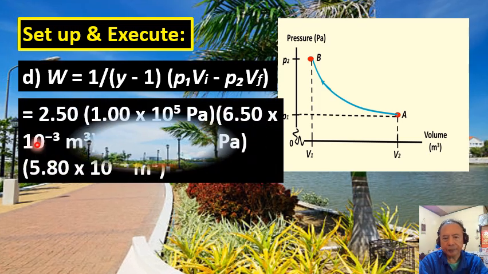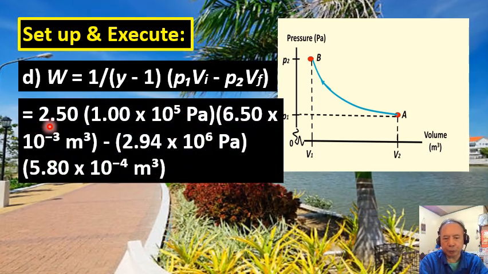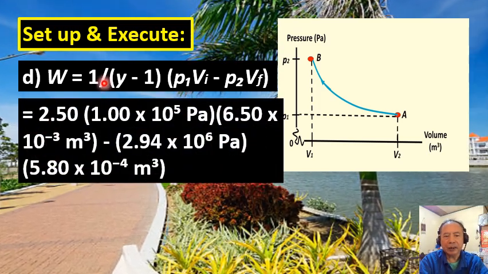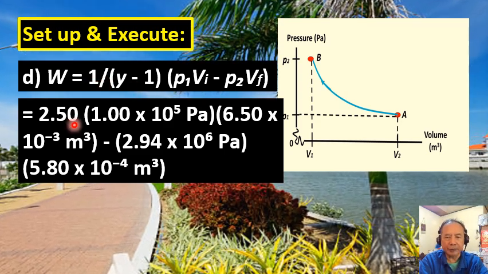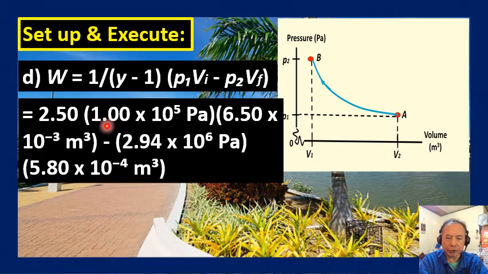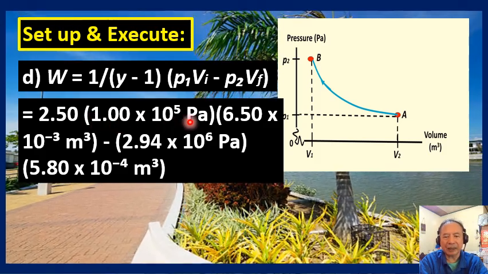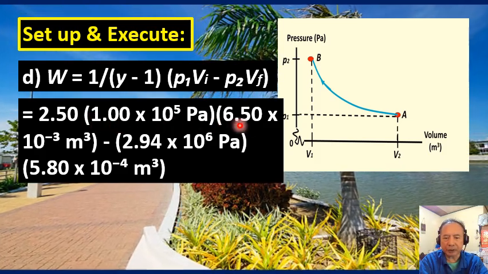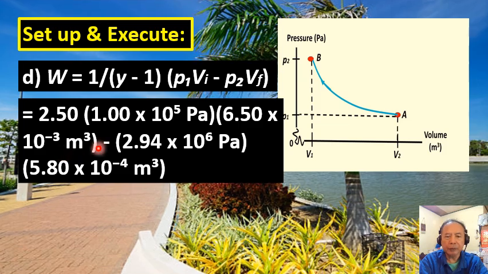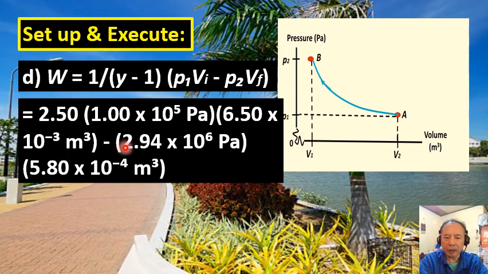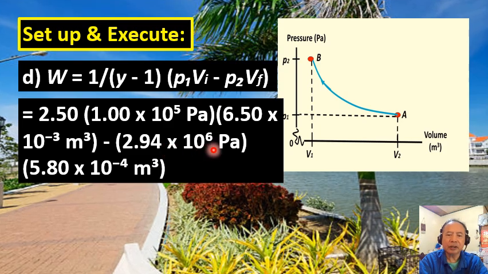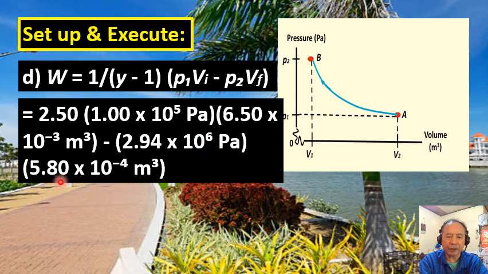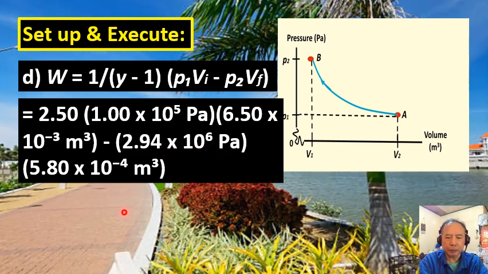That is, the work done W equals 2.5, which is the result of getting the reciprocal of gamma minus 1, times 1.00 × 10^5 Pascal multiplied by 6.50 × 10^-3 meter cube, minus the product of 2.94 × 10^6 Pascal and 5.80 × 10^-4 meter cube.